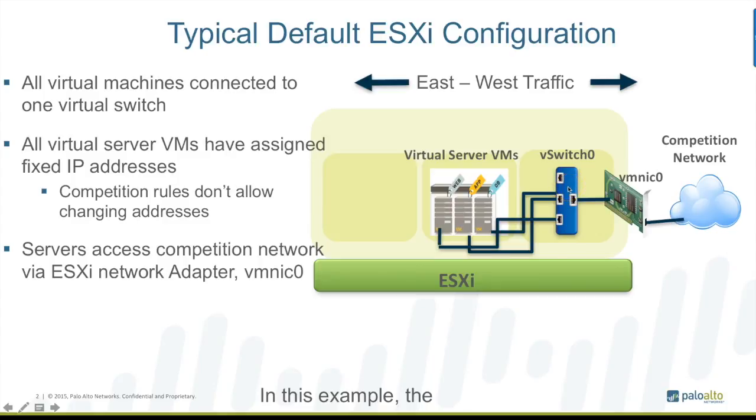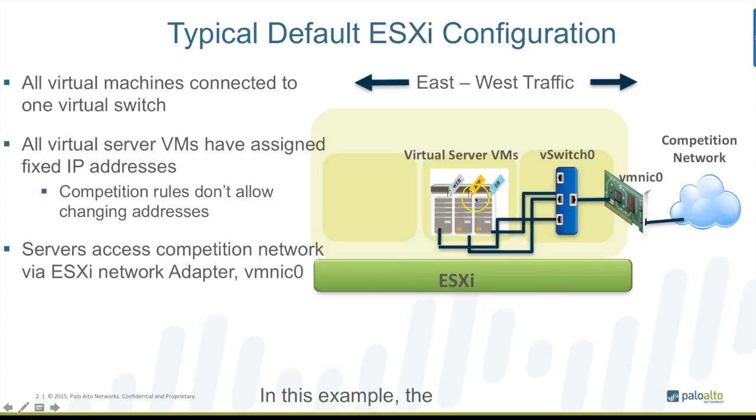And remember, an ESXi is a hypervisor. So basically what it's doing is allowing your virtual servers to use the physical resources on your host, which is an actual real computer. And in this case, as you can see, the virtual switch is connected to a host NIC. It's a single NIC card here.